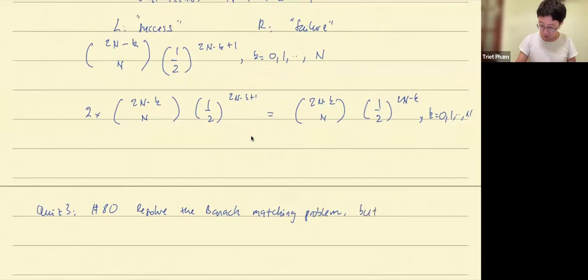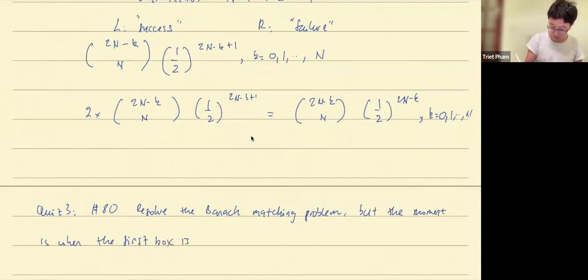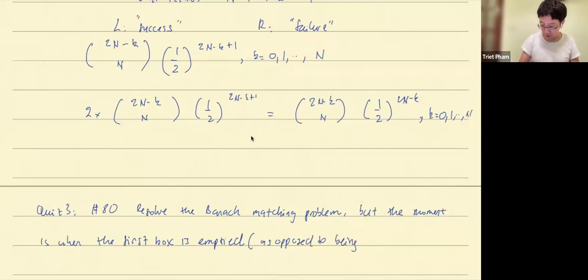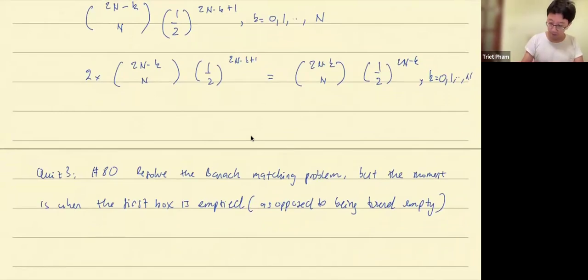But the moment is when the first box is empty, as opposed to being found empty. And you probably understand what this means. And then the other box contains K matches.